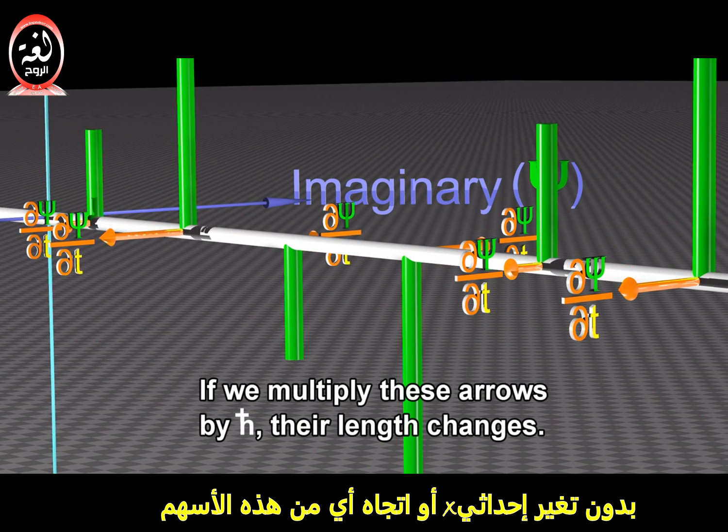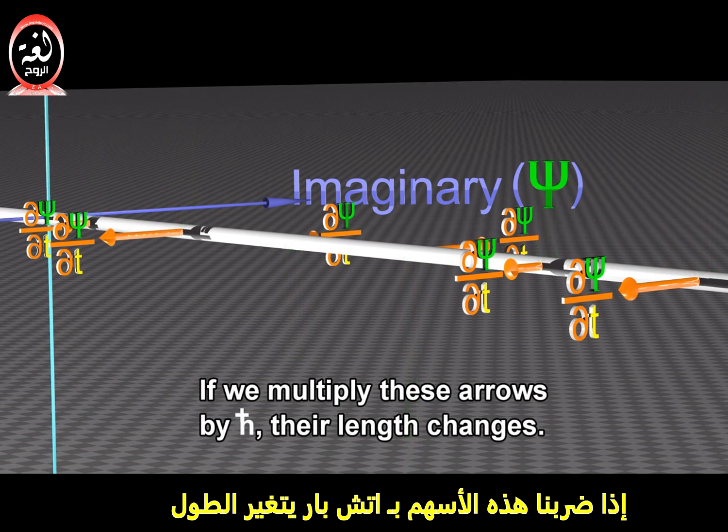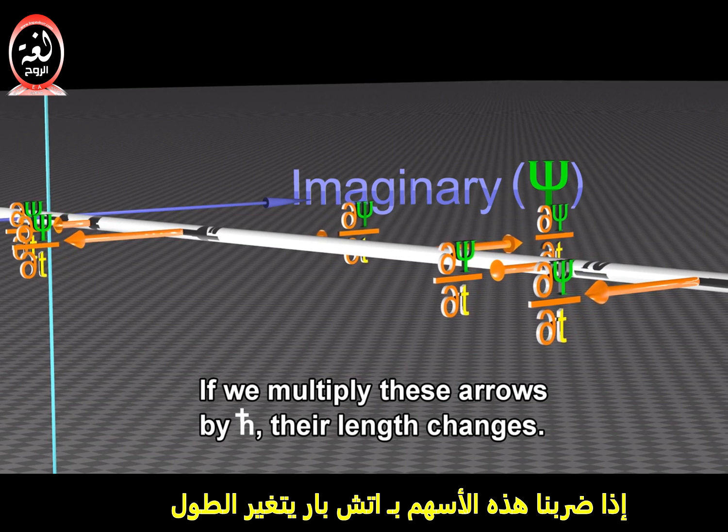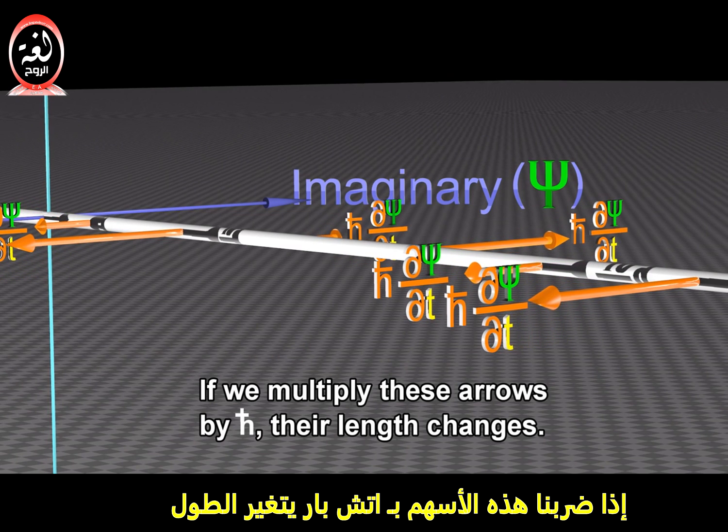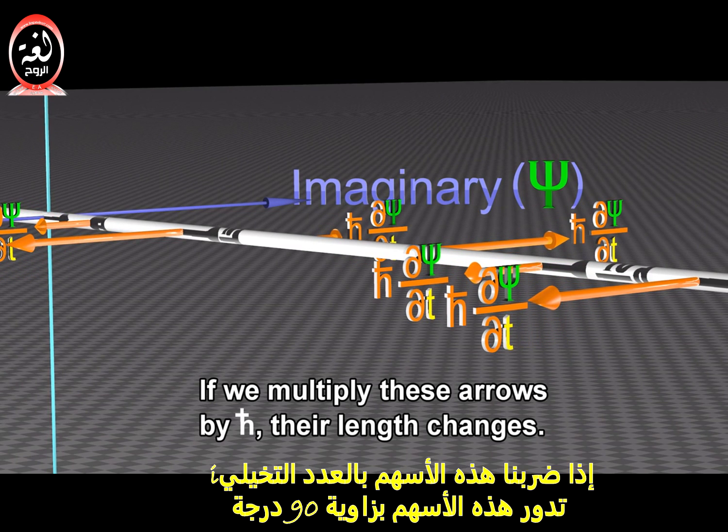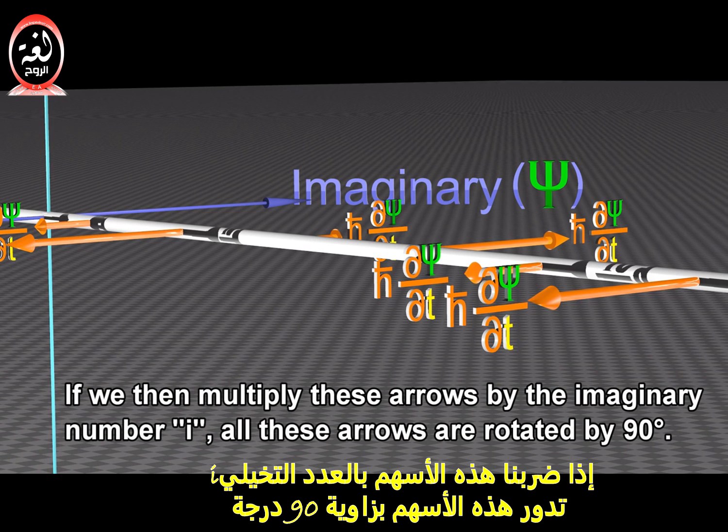If we multiply these arrows by h bar, their length changes. If we multiply these arrows by the imaginary number i, all these arrows are rotated by 90 degrees.